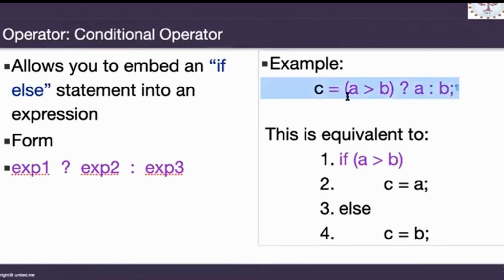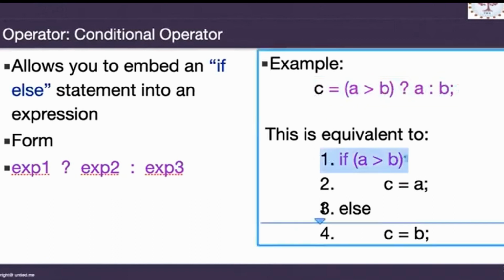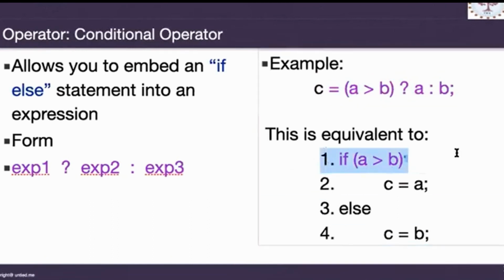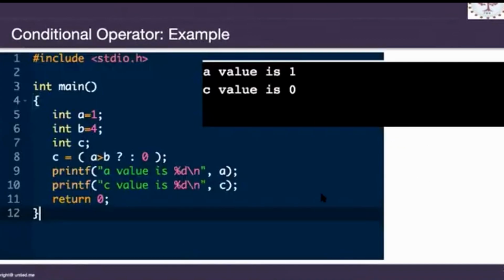So in a simple statement you have done this. Otherwise, for the equivalent statement you have to write these 4 lines. So in a simple way you can do these things with the help of variables, and they are quite fast as compared to the constructs which we are going to discuss.